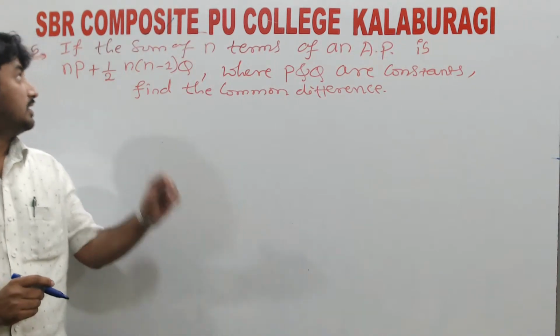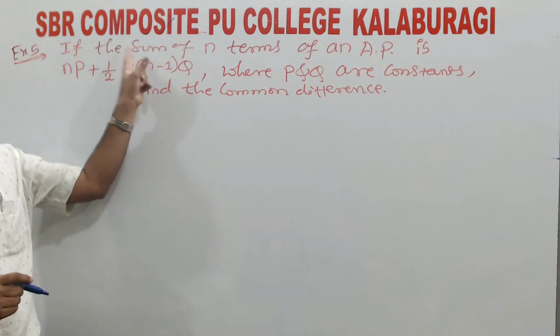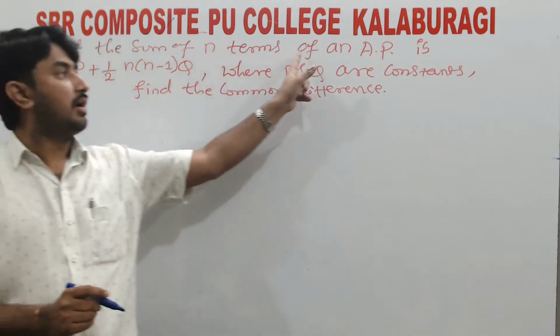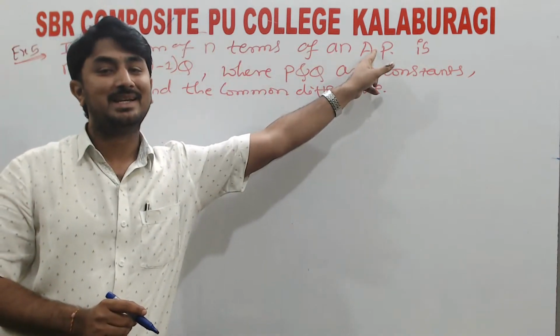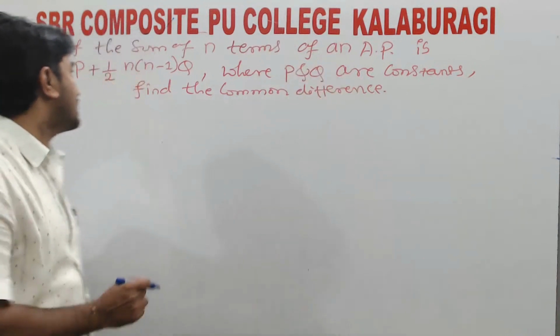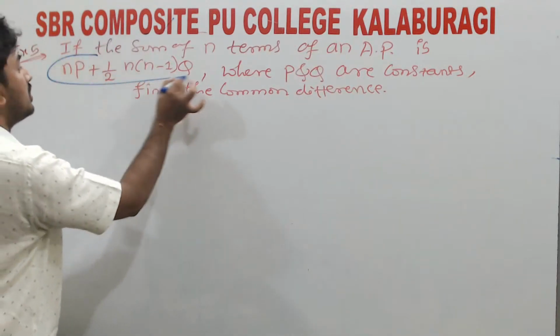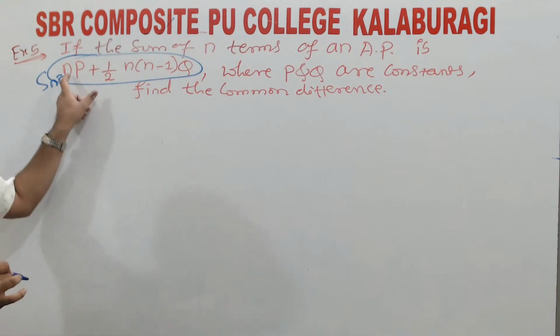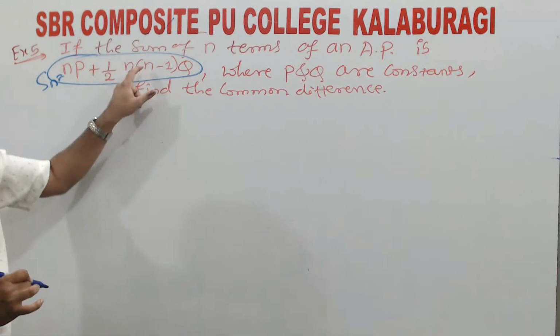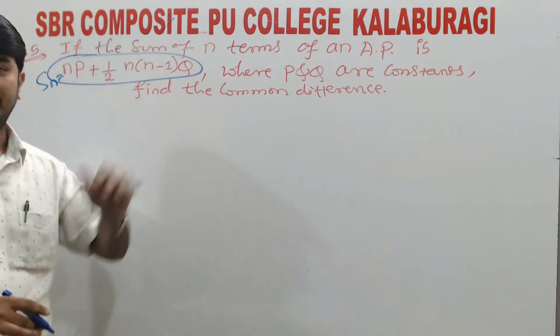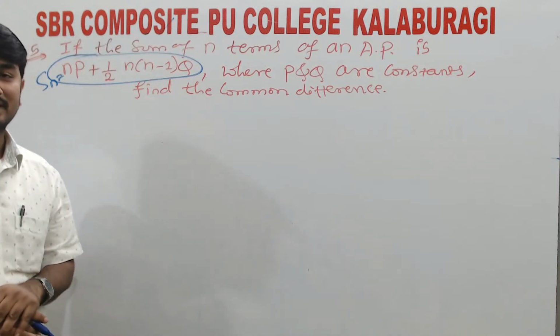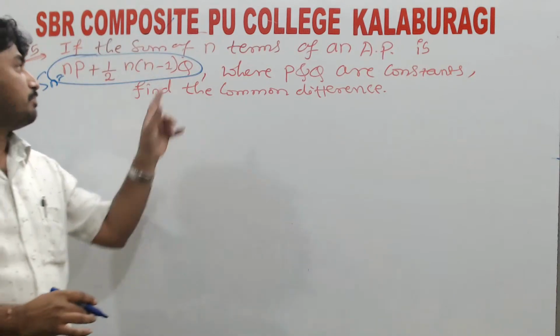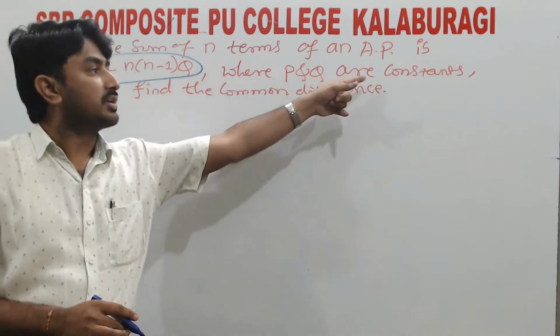I repeat once again. Here the question is, if the sum of n terms of an AP, they are given the Sn condition. The condition is n into capital P plus 1 by 2 n into n minus 1 into capital Q, and where P and Q are some constant values.